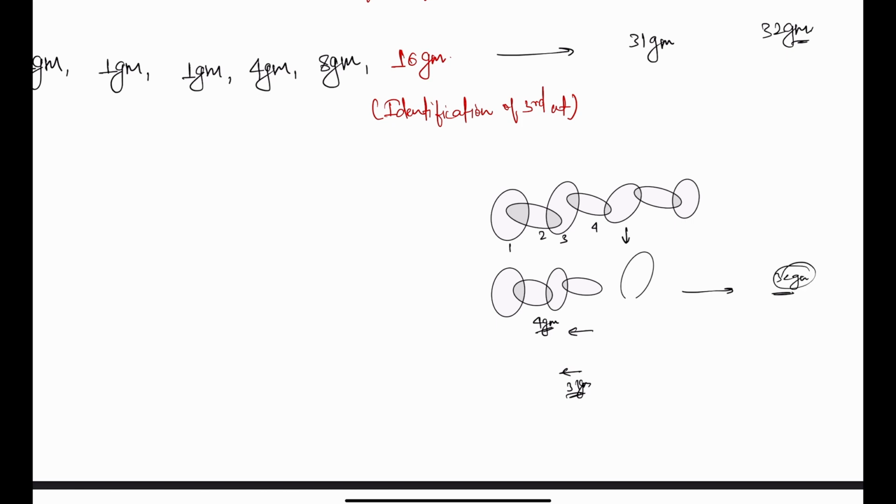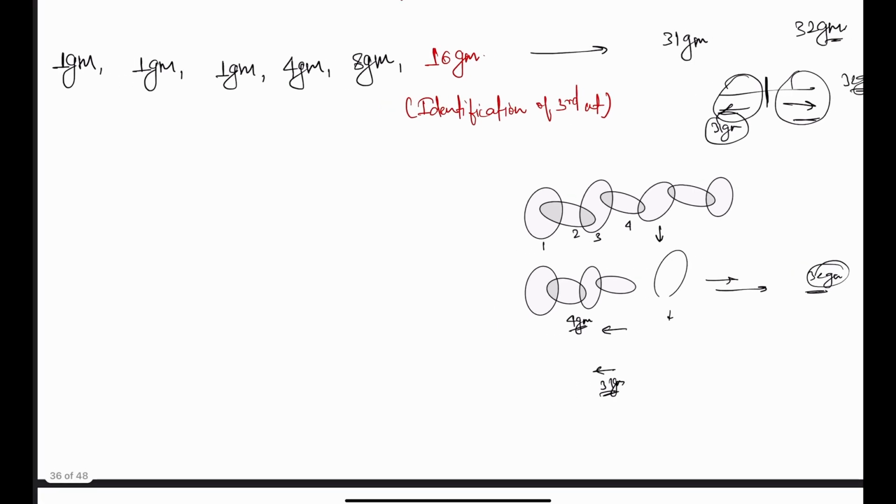Suppose there is a chain and we cut in one part, so half part is here, half part is this side. We know that this side is 31 gram, this side we don't know. So for optimum it should be 32 gram, because 32 gram is what we cannot measure.